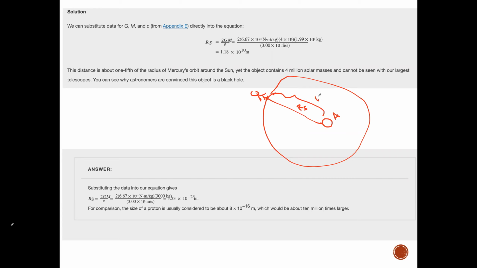It's a huge length, 1.18 times 10 to the power 10 meters. So the Schwarzschild radius, and this is your event horizon, right? So you need to be careful that if you are going to travel towards the center of the Milky Way one day, you should not cross this line, right? If you cross this, you cannot come back again, according to Einstein's theory of general relativity. So that's the idea.